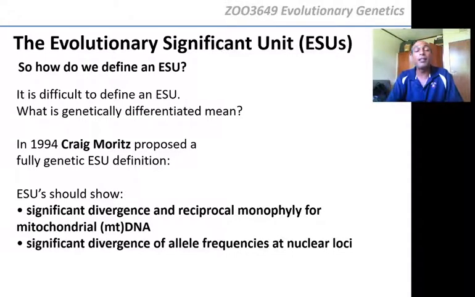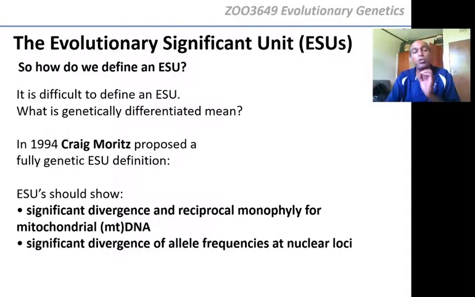And at nuclear loci, because nuclear loci take longer to sort, you don't need monophyly, you need significant divergence of allele frequencies. So allele frequencies must be significantly different. You have to do a statistical test, like a Fisher's exact test or whatever, to see whether there's a significant divergence in allele frequencies at nuclear loci.